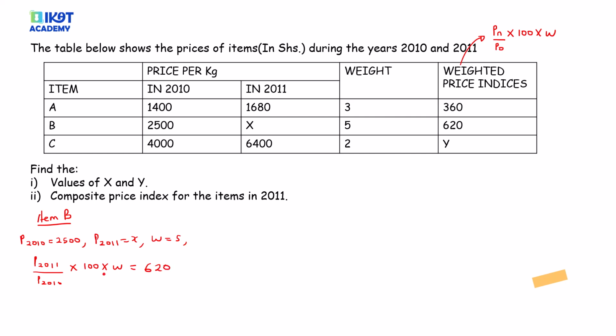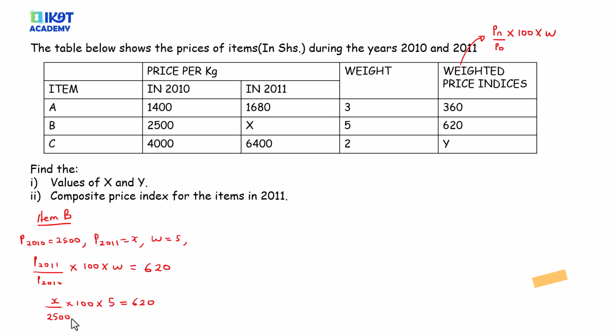So we can now substitute. The price in 2011 is X, the price in 2010 is 2500, times 100, times the weight, which is 5, equals 620.